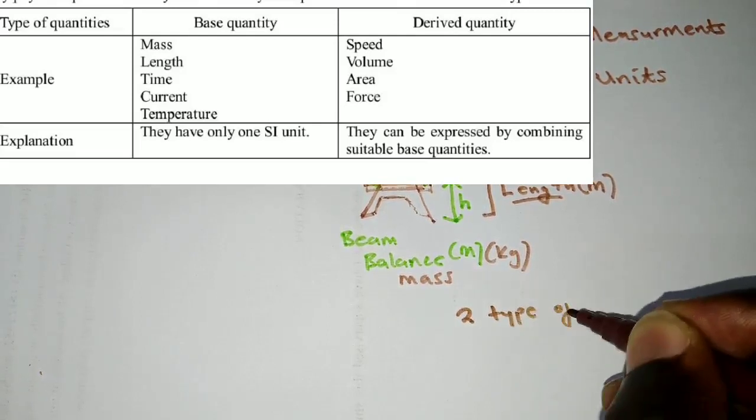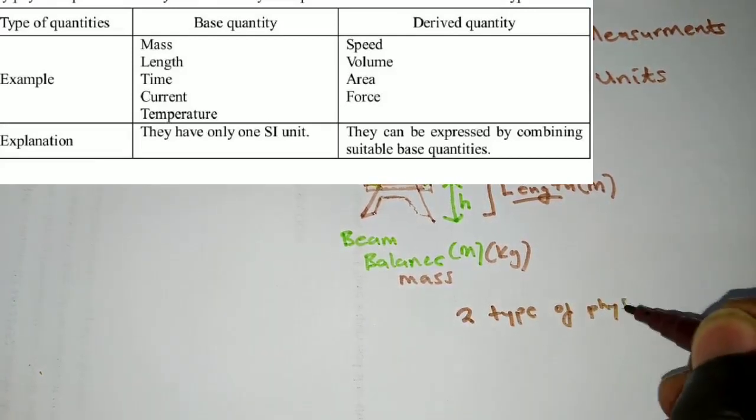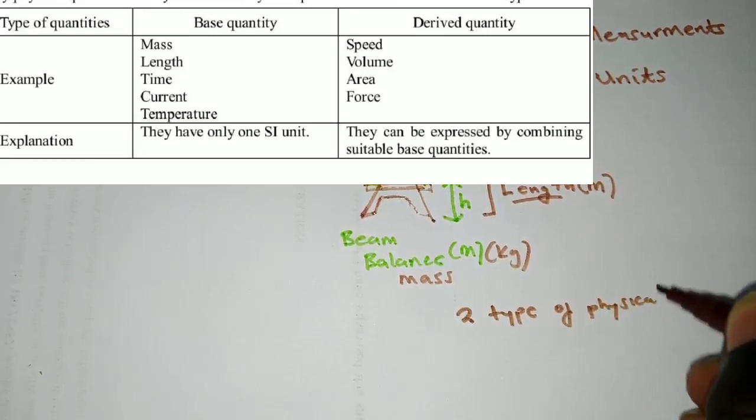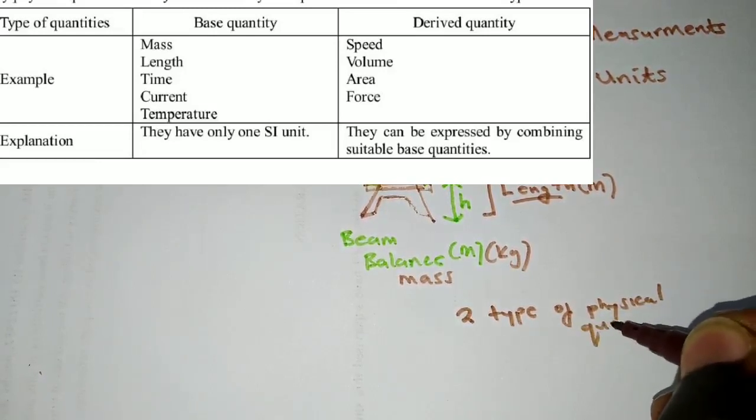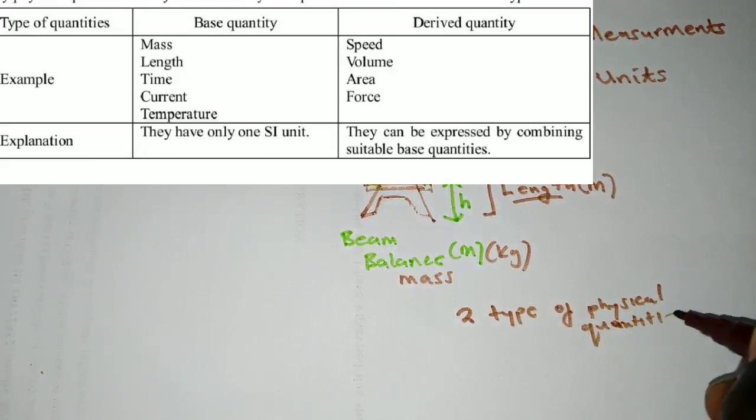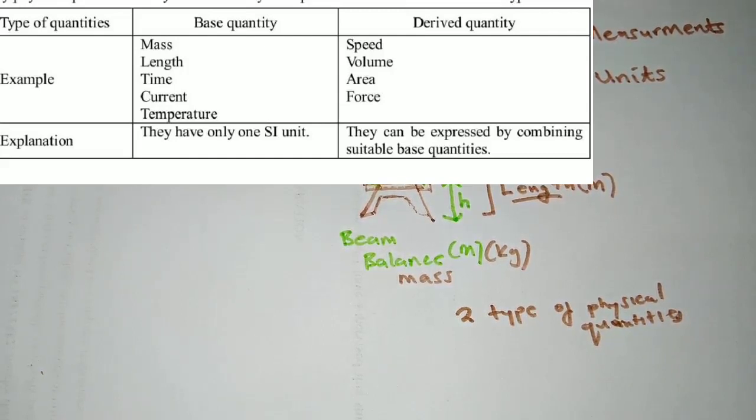On the left side, you have what we call a base quantity. Examples of base quantities are mass, length, time, current, and temperature.